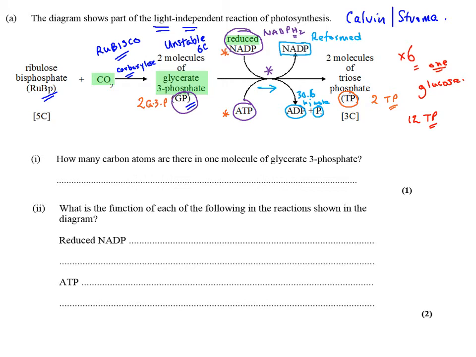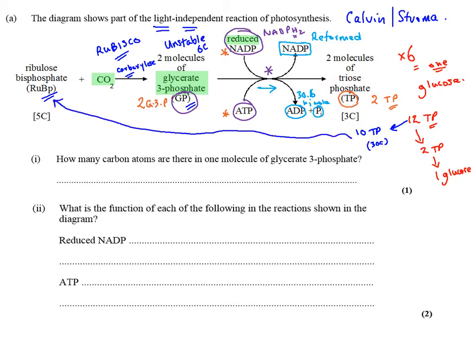Now we know 2 TP, because they're triose phosphates, are needed. So we could say 2 TP are needed to make 1 glucose, because 2 triose phosphates make 1 hexose. Now the remaining 10 TP, that's 10 triose phosphates, so it's 30 carbons, are actually used to regenerate 6 ribulose bisphosphate.